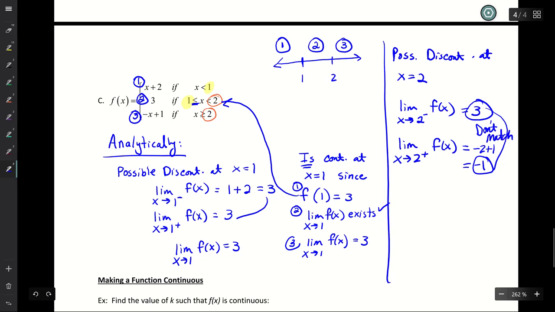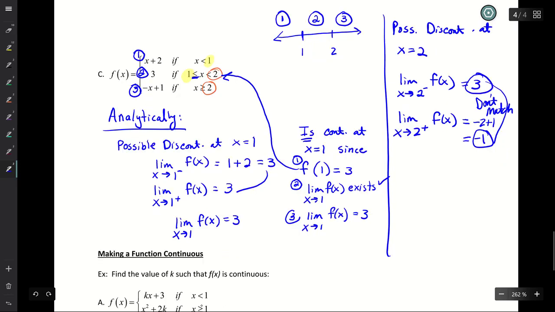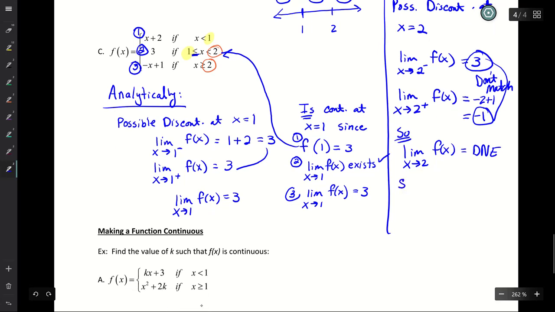And since those two don't match, the limit as x approaches 2 of f of x does not exist. So we can draw the conclusion here that f of x is discontinuous at x equals 2.